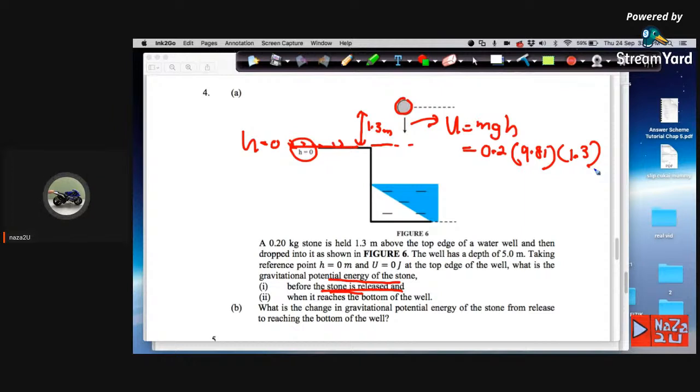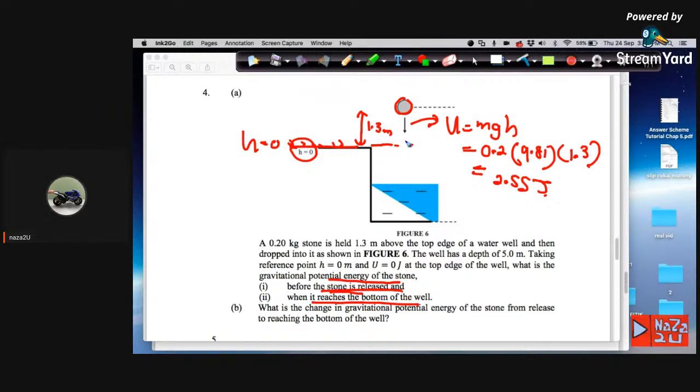So now you can find the value of the gravitational potential before the stone is released. Using the calculator, 0.2 times 9.81 times 1.3 is 2.55 joule.